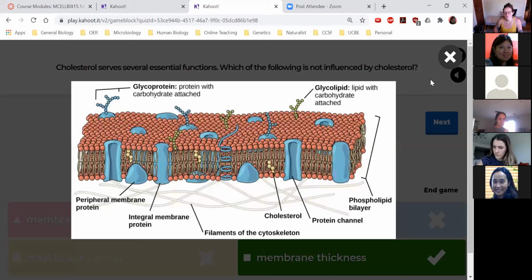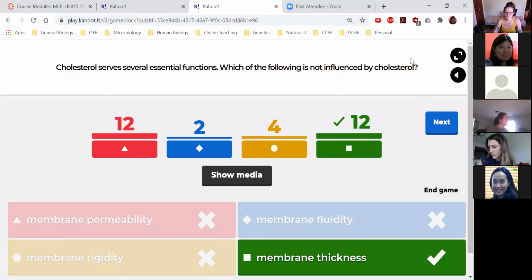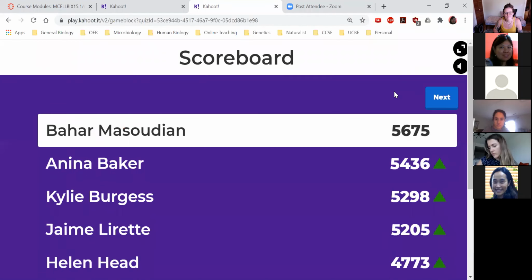Okay. Yeah, so for Kahoot, it is graded not based on accuracy, it's just based on participation. And of course, you want to get as many correct ones as possible, but you're not graded based on accuracy. So let's see.